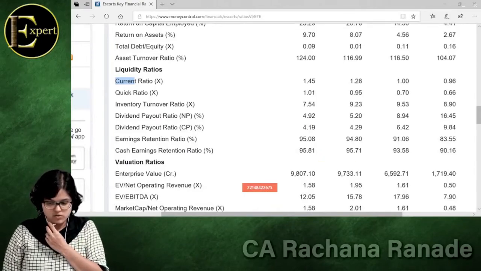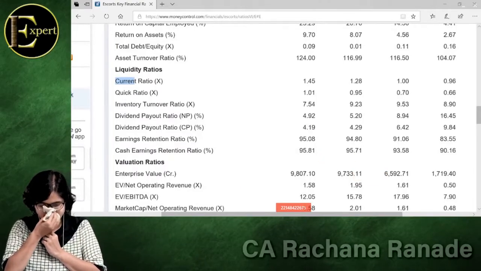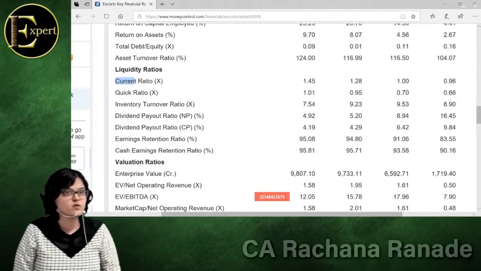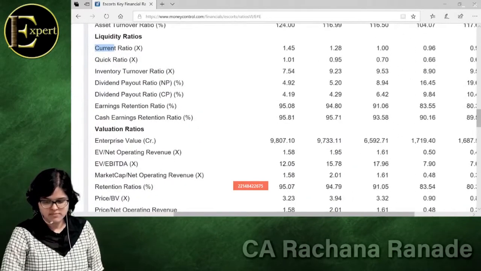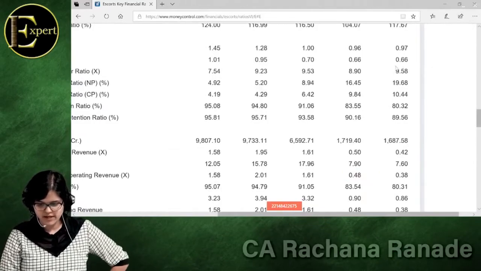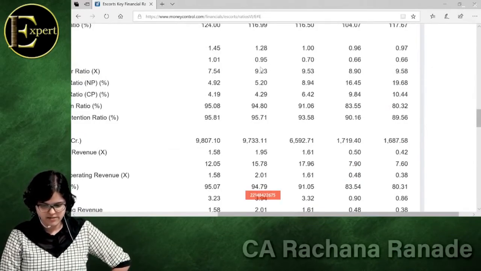Inventory turnover ratio has slipped a little bit. I'll tell you quickly what an inventory turnover ratio is. See, inventory turnover ratio went from 9 to 8, a little bit of a slip.